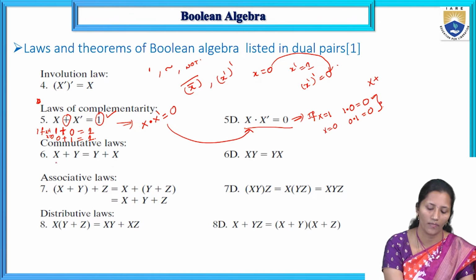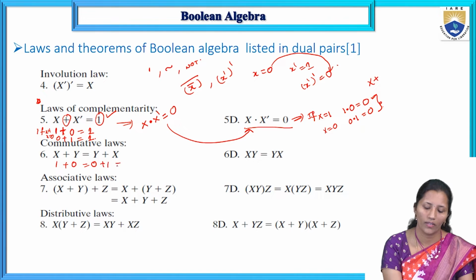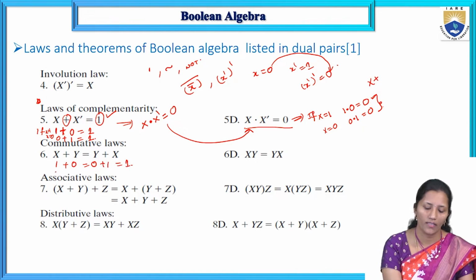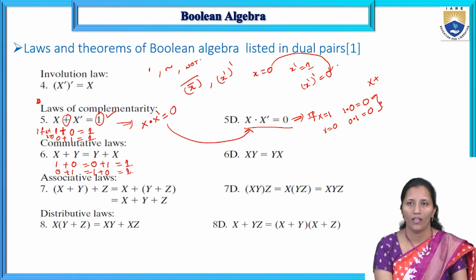And the commutative law here: x plus y is equal to y plus x. We know this one. So suppose x is equal to 1 and y is equal to 0. We get 1 for both sides. Otherwise, x is equal to 0 and y is equal to 1, 1 plus 0, same, we get 1. So x plus y is equal to y plus x.